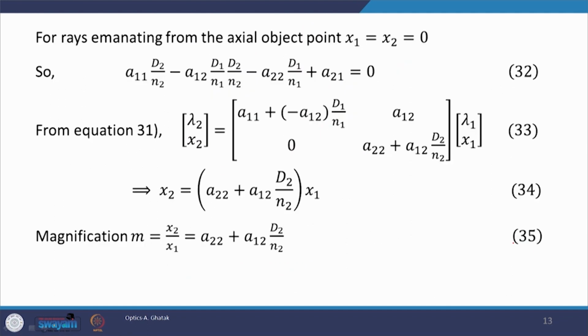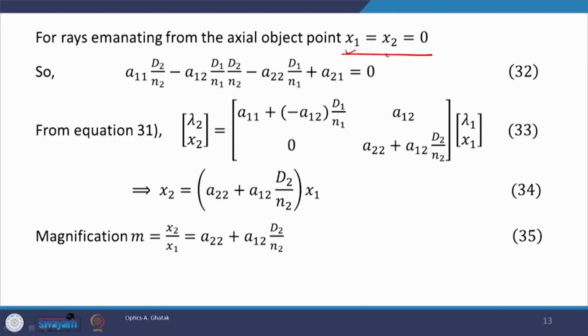As a boundary condition, we will again use this. Suppose the object is a point object and the image is also a point image, and they both are axially situated. They are axial point object and axial point image. If this is the case, then both x1 and x2 would be equal to 0.